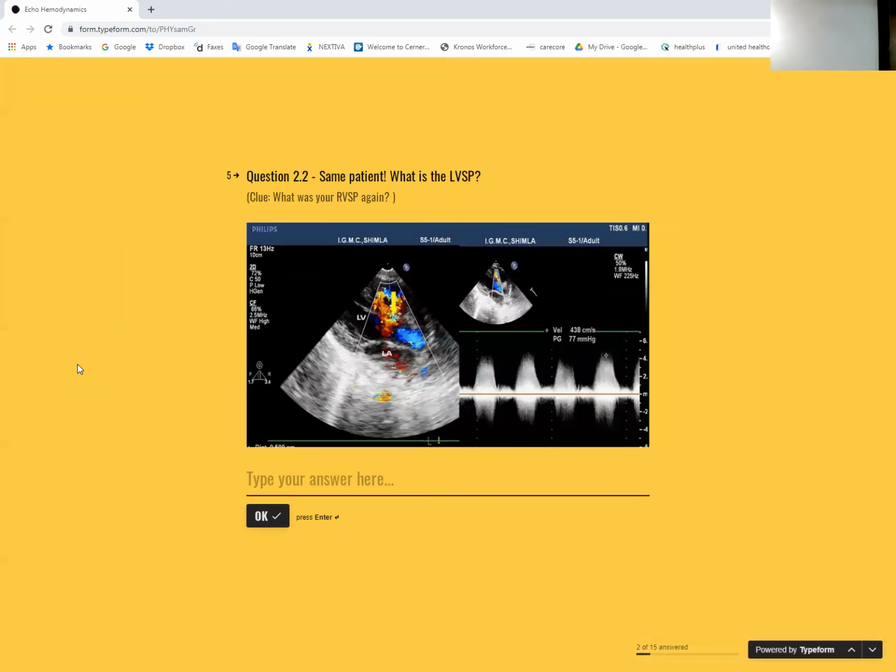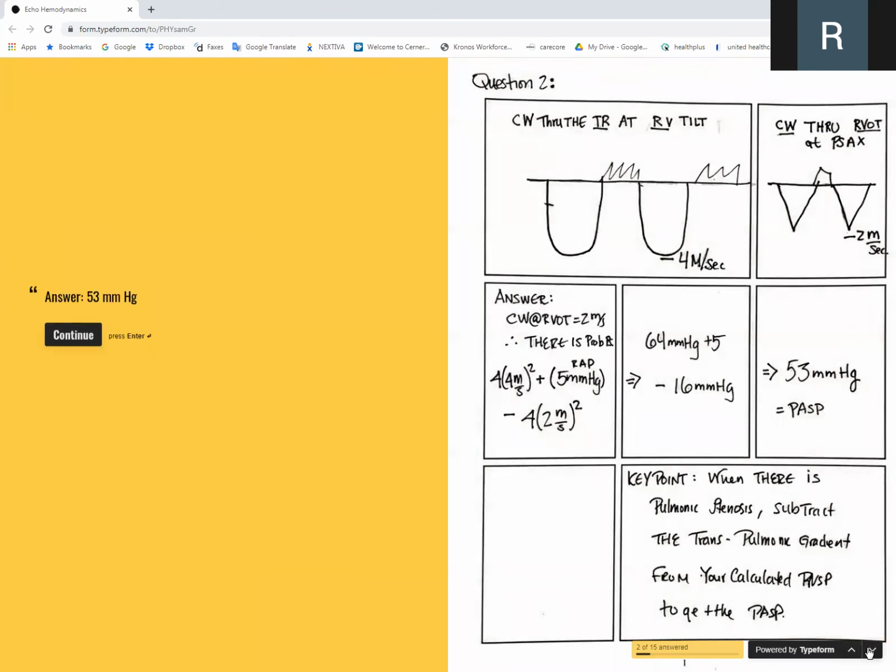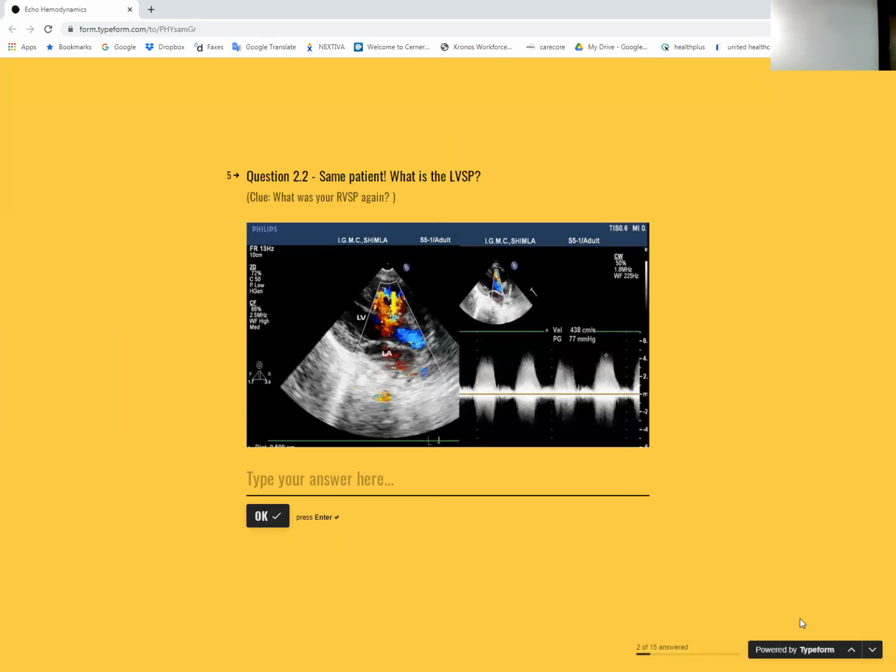Okay. And so what was your RVSP again? Do you guys remember from the last case? 69. Okay. So pretend this person had a VSD. What is your LVSP?